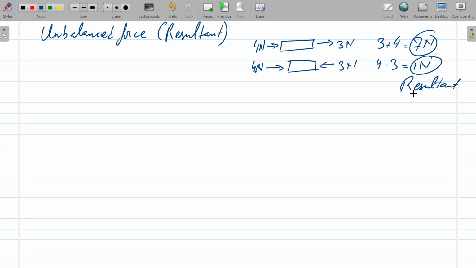Yes, sir. Okay, so these are called resultant forces or unbalanced forces. And because the topic of motion is included here under forces, it is an unbalanced or resultant force that causes motion, or an object to move.